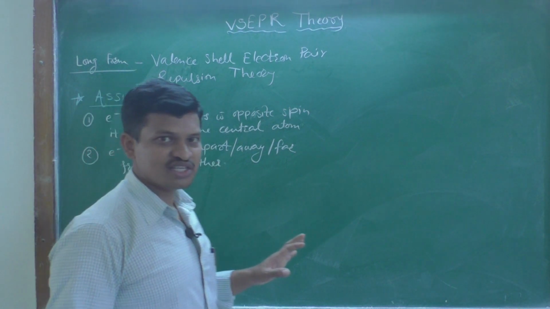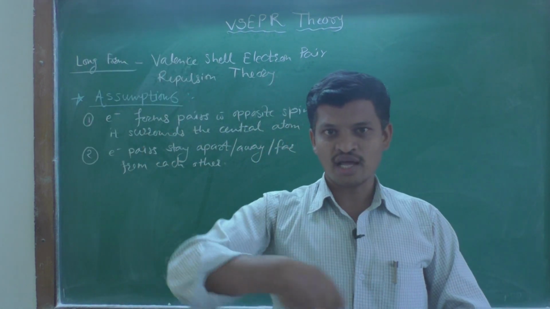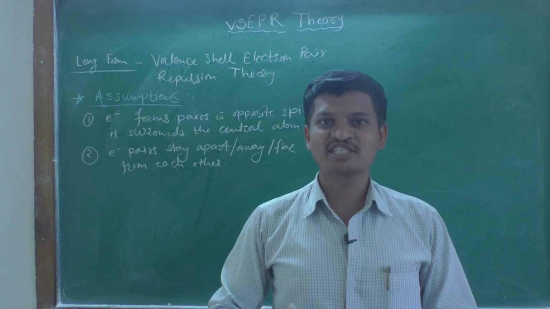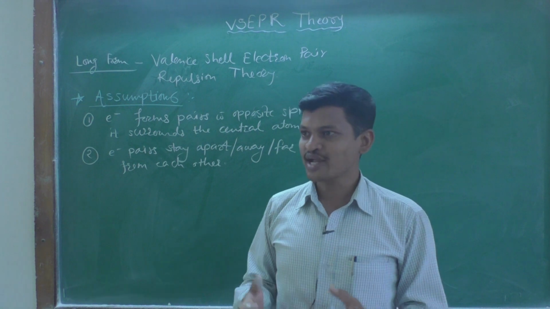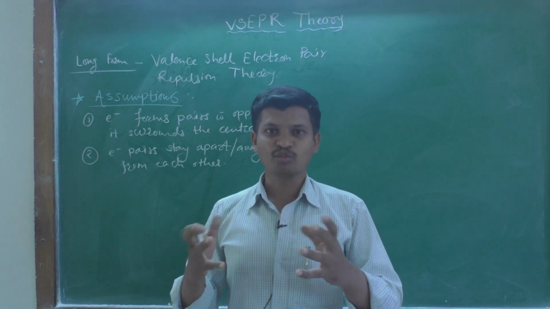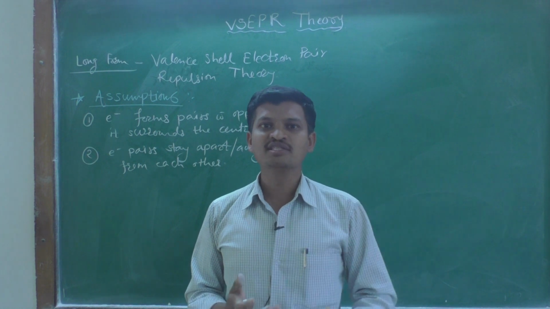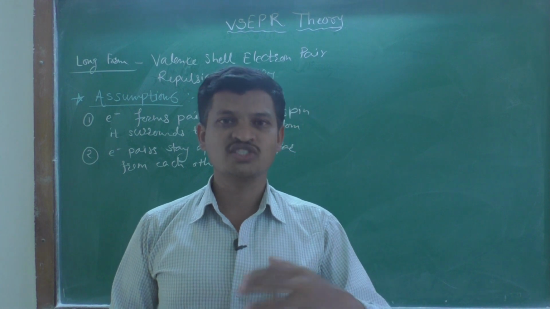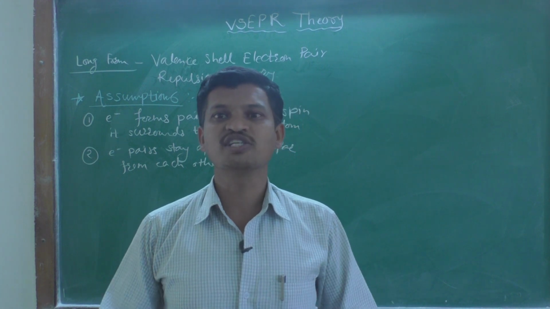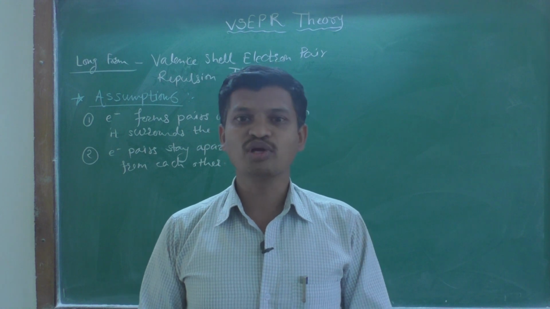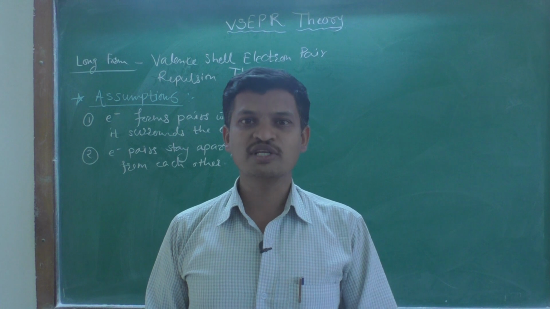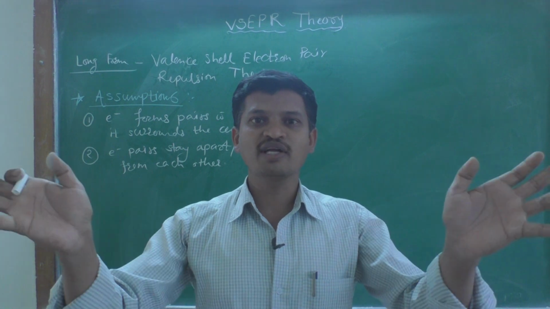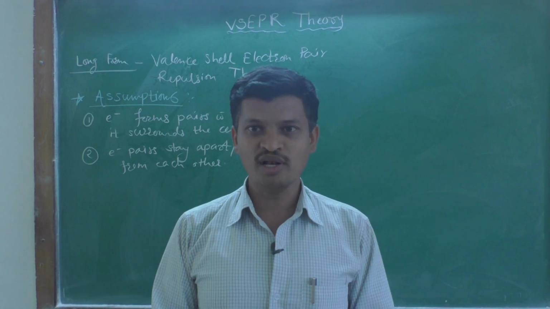Okay, so what is the condition here? The electron pairs around the central atom tend to stay away from each other as much as possible, so as to minimize the total energy of the molecule and to increase its stability. We know that energy and stability are inversely related. So these molecules tend to minimize their energy by keeping the electron pairs as far away as possible.